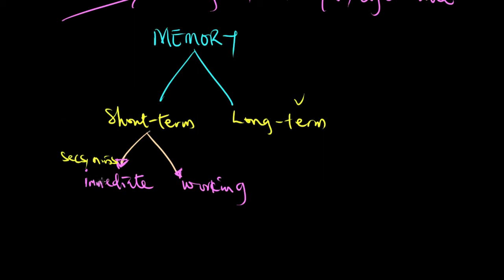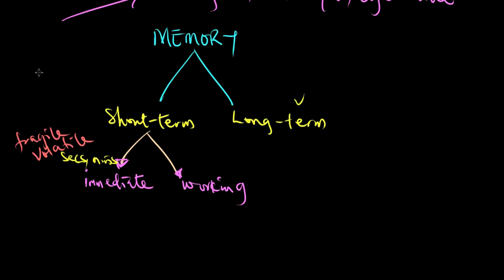We have to first of all know the basic features of this immediate memory. Number one, this memory is very fragile and very volatile at the same time. If there is nothing you can do to protect it, you lose it right away. An example is a memory flash.